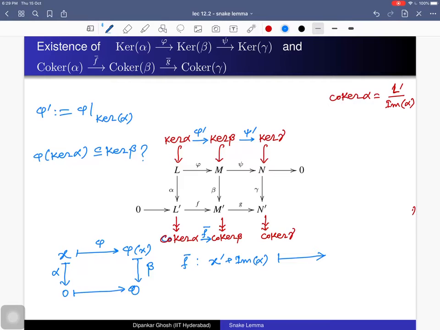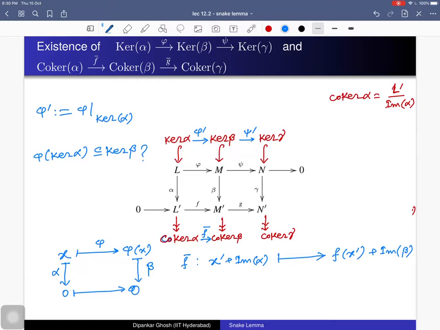We can use this map F. F is a map from L prime to M prime, and x prime is an element of L prime, with its equivalence class here. Then using F we define it this way: F of x prime, an element of M prime, and its equivalence class in cokernel beta, so it is modulo image of beta.